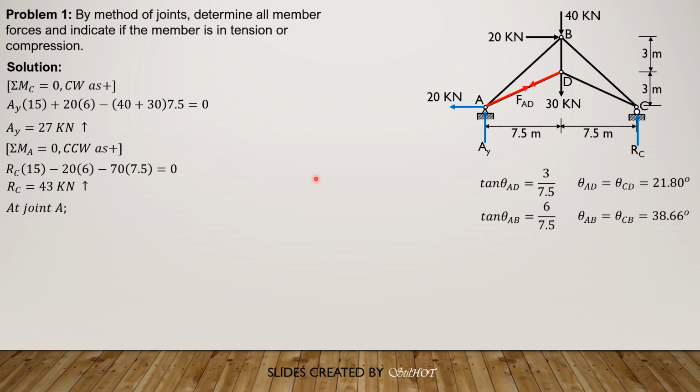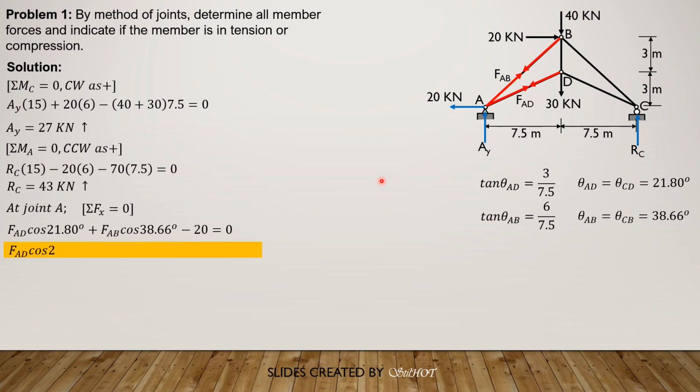summation forces y equals 0. Of course, the principle is we always assume that each member is in tension, so that if the result is positive, then it's correct. But if the result is negative, then the member is in compression. Summation forces x equals 0, then we have FAD cosine of 21.8 plus FAB cosine of 38.66 minus 20 equals 0.